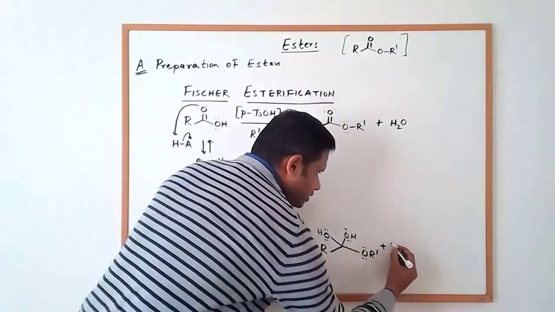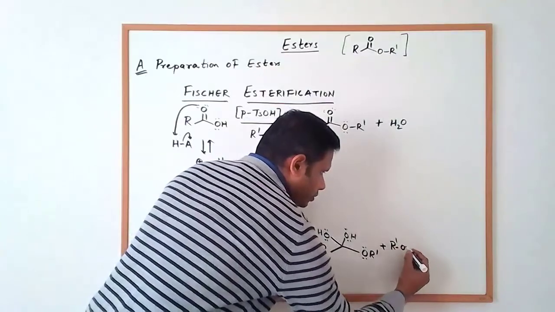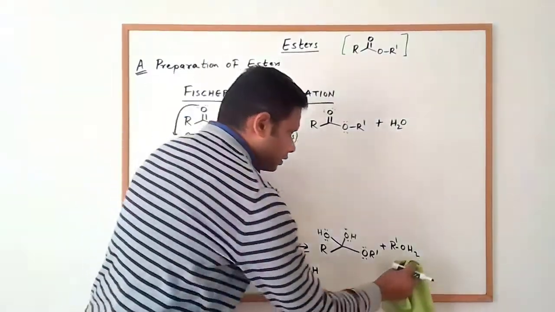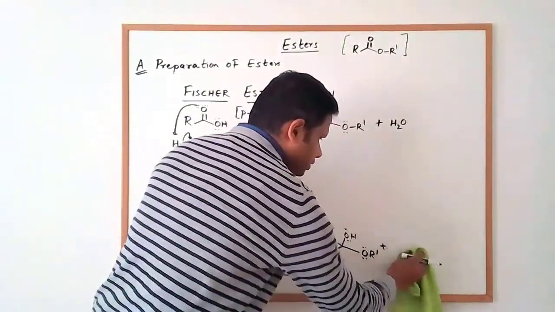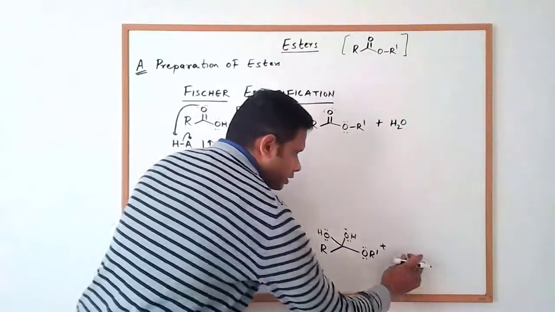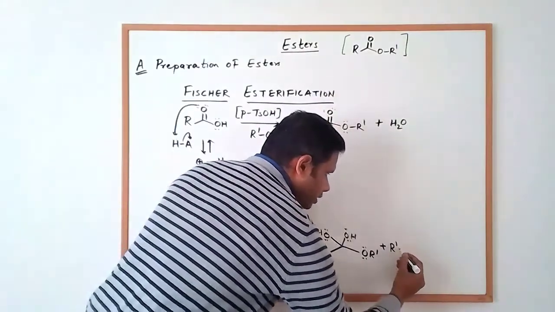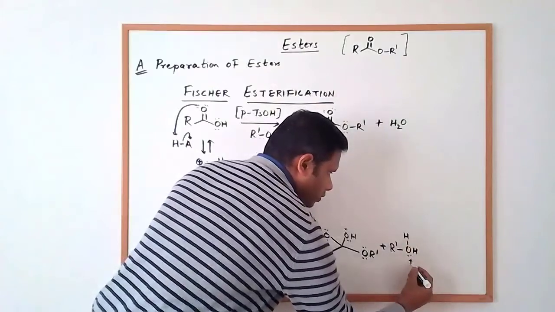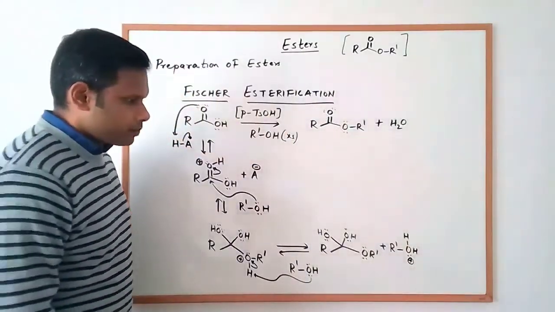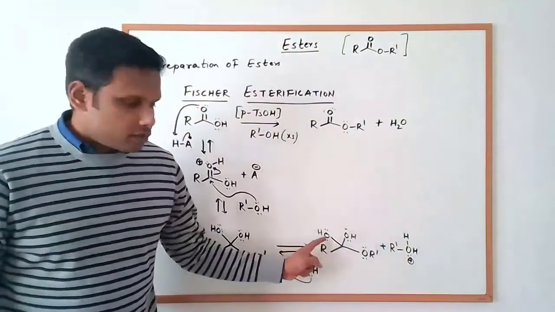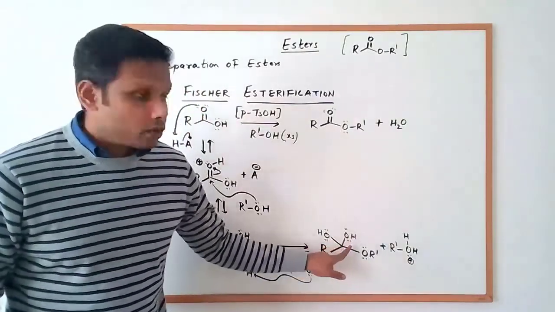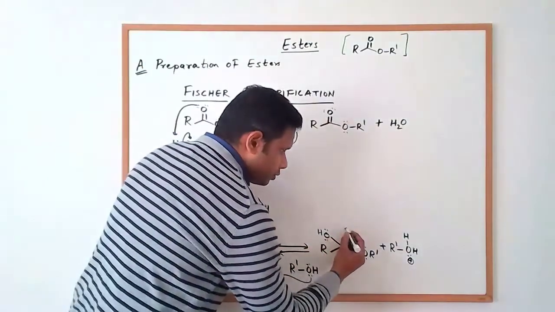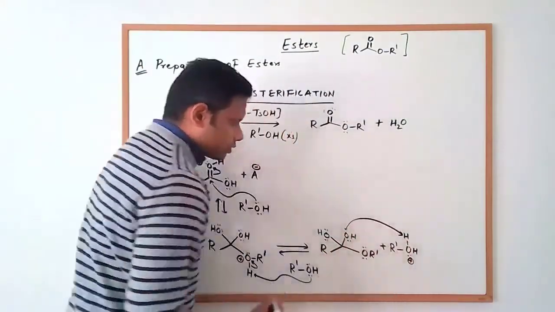And along with this, we will have our protonated alcohol. I'm going to draw it out because we need to use the proton again. So I'm going to draw it as R prime OH, one lone pair and positive charge. And now since we need to get rid of one of these hydroxyl groups to get that double bond, we're going to protonate one of these hydroxyl groups.